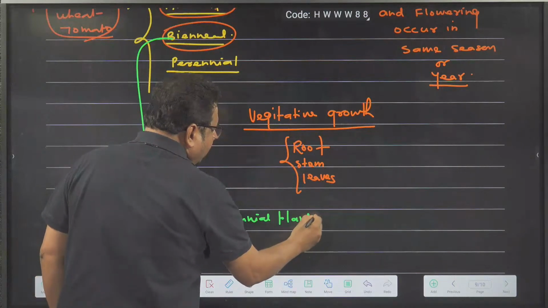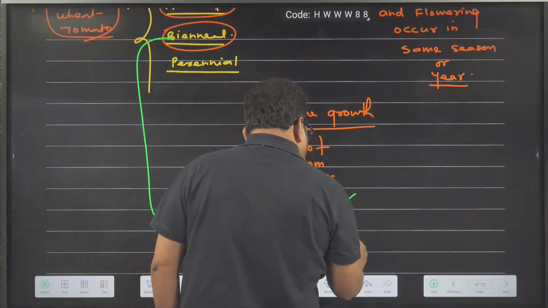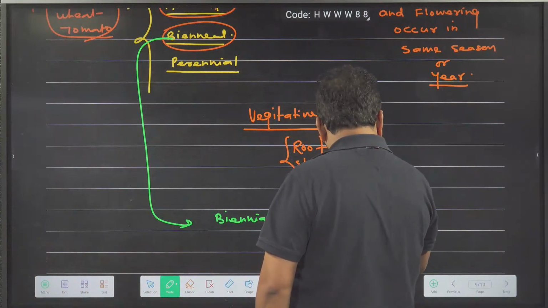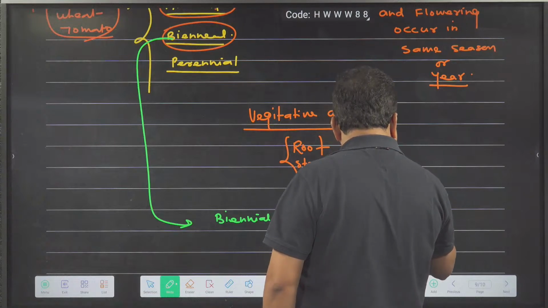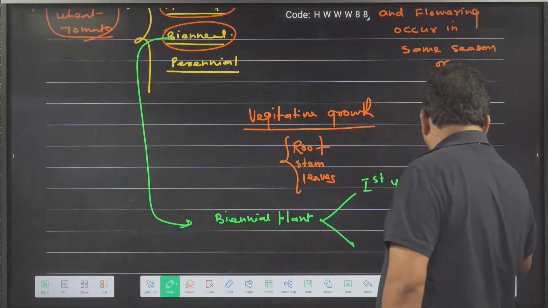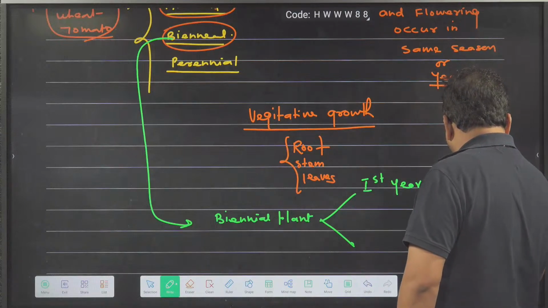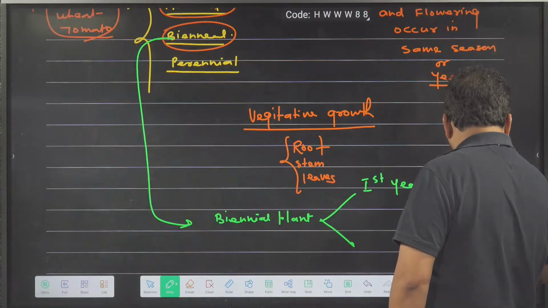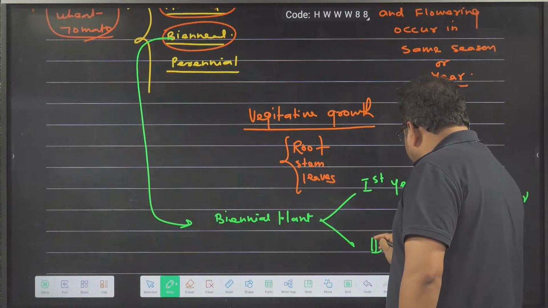So in a biennial plant, what happens? In the first year, vegetative growth occurs. And in the second year, flowering occurs.